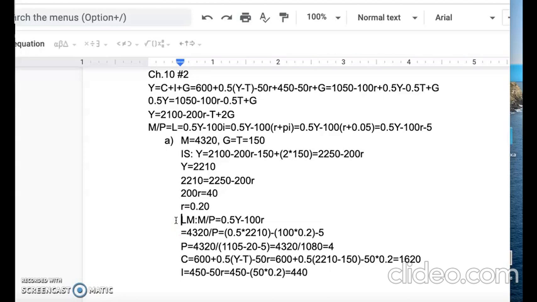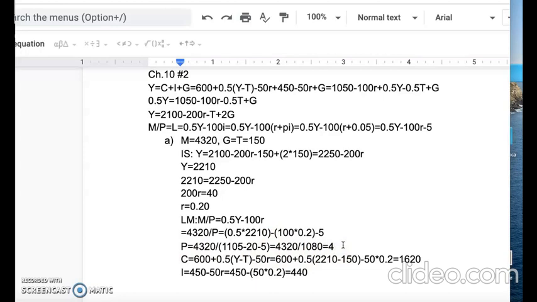Using this value we can use it in the LM curve. And here we also have the money supply 4,320 divided by P, which is equal to this equation, and we substitute all the known values, and finally we can find the price level, which equals 4.